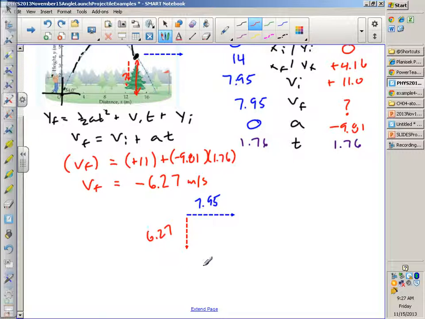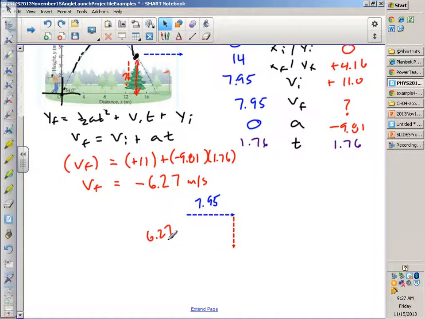Now, a lot of people ask, when I write this, do I have to write this as negative 6.27? And the answer is, you could, but what did we say the negative tells you? Direction. The negative is just there for direction. Can you tell which way that velocity is going from my picture? If I draw the arrow down, the direction is implied there as well, right?